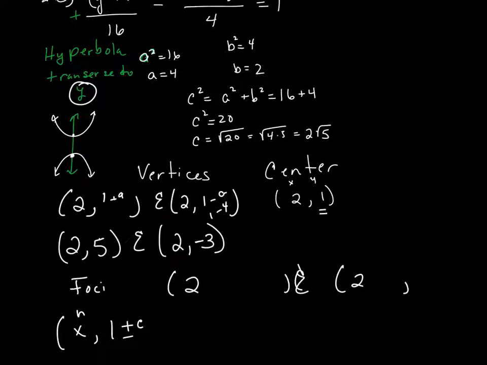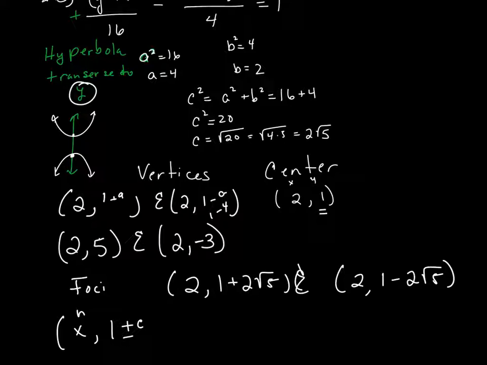So that gives me my foci. The first point would be 2, comma, 1 plus 2 square root of 5. And my second one is 2, comma, 1 minus 2 square root of 5. So that's it for all the points that I have.